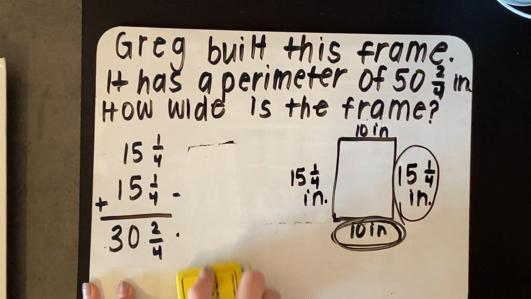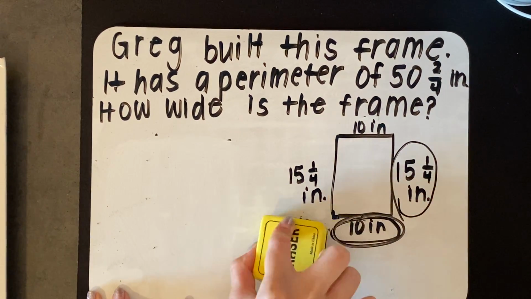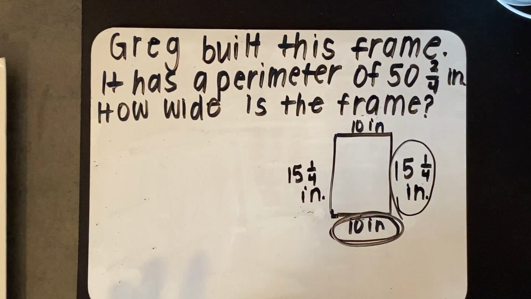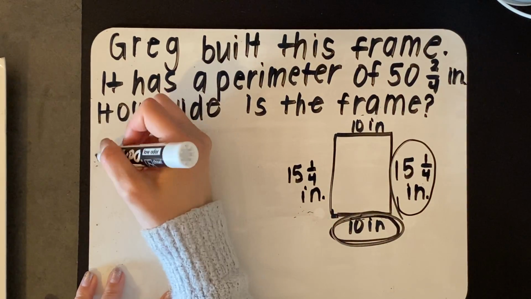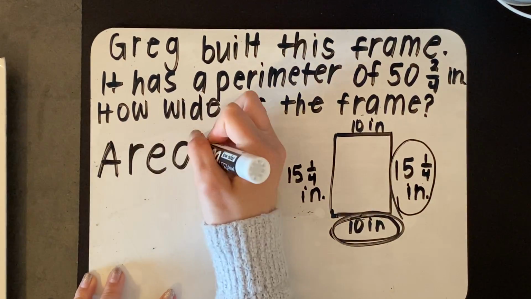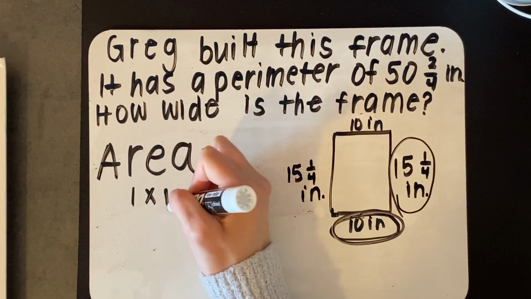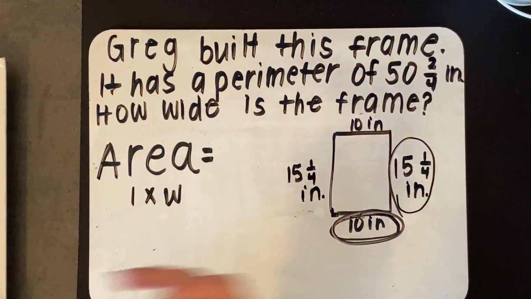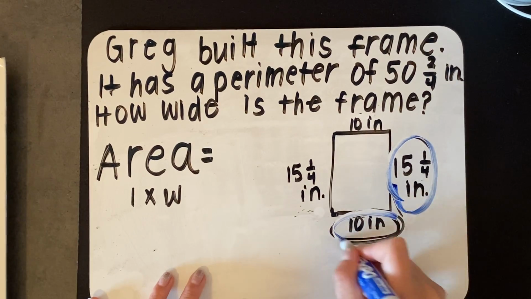Using the same frame, the problem is also going to ask you, after you find the width, to find the area. So when we find area, we have to think back. To find area, we do length times width. In this case, here's the length, here's the width.